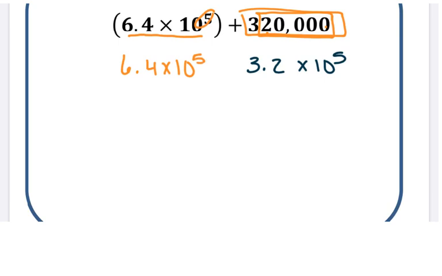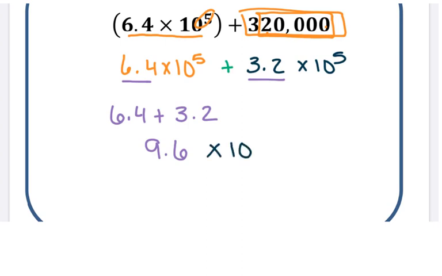And we are adding. So I'm going to add those two front numbers. So 6 and 4/10 plus 3 and 2/10. So that's going to give me 9 and 6/10. And then keep my power.